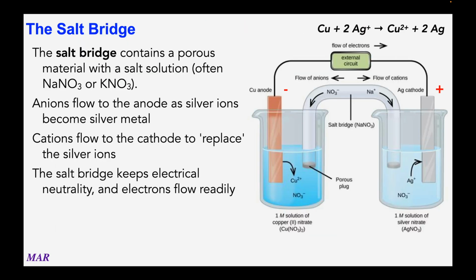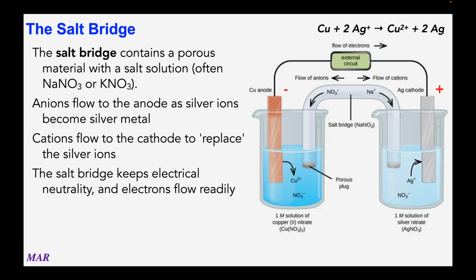Salt bridge is just some kind of material that allows the ions to flow through. The most important ions for us is it's going to flow from the cathode to the anode. You do have a little bit of counter ion moving the other way, but we're not going to worry too much about that. But the idea is that as the silver plus becomes silver, you no longer have as much positive charge at the cathode.